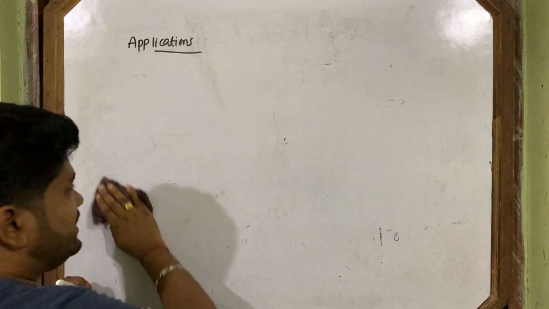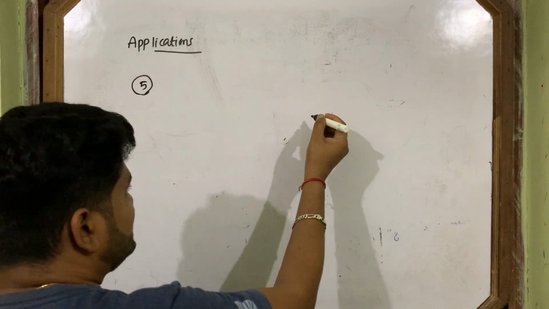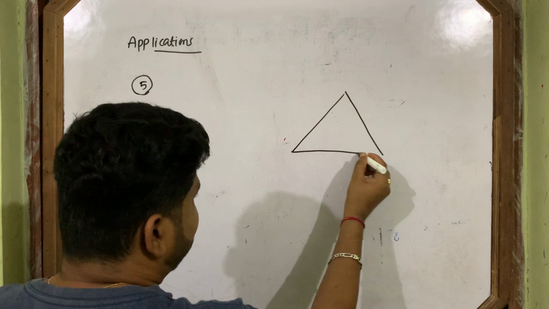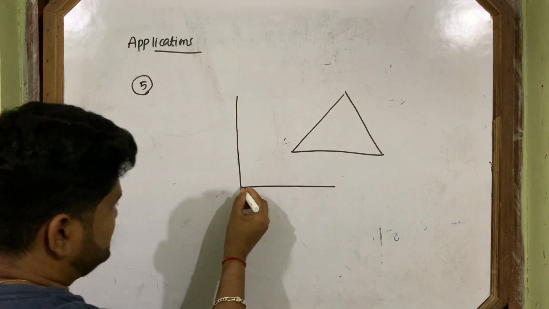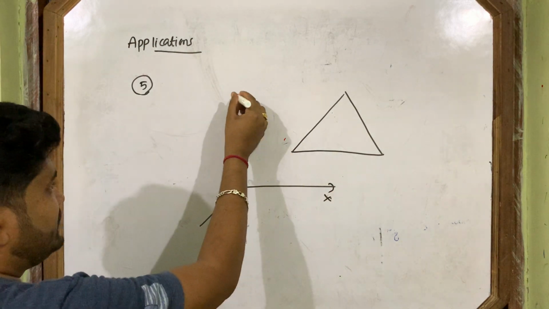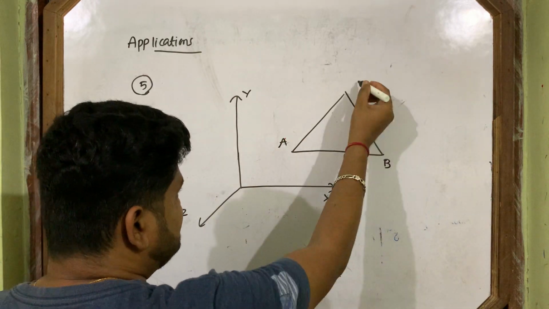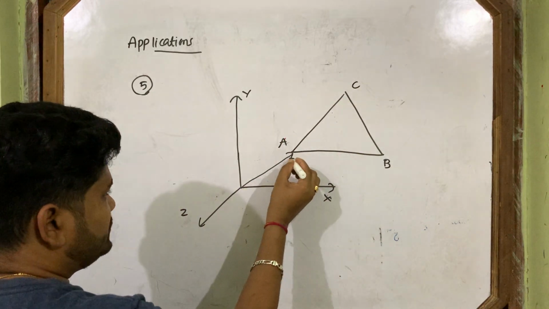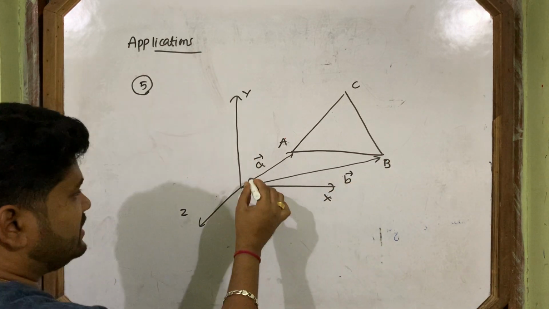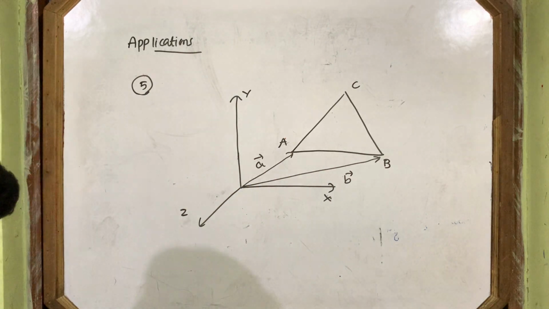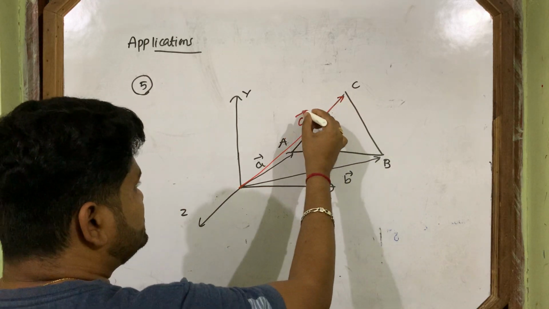Now we come to application number 5. Suppose one triangle is here. Here is one coordinate system, X-axis, Y-axis, Z-axis. So this is the triangle A, B, C. This is the position vector of A point. This is the position vector of B point. And C, I am showing another plane. This is the position vector of C point.